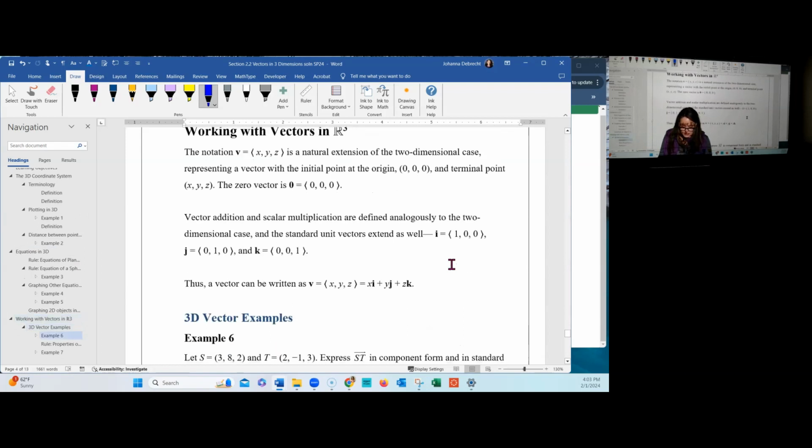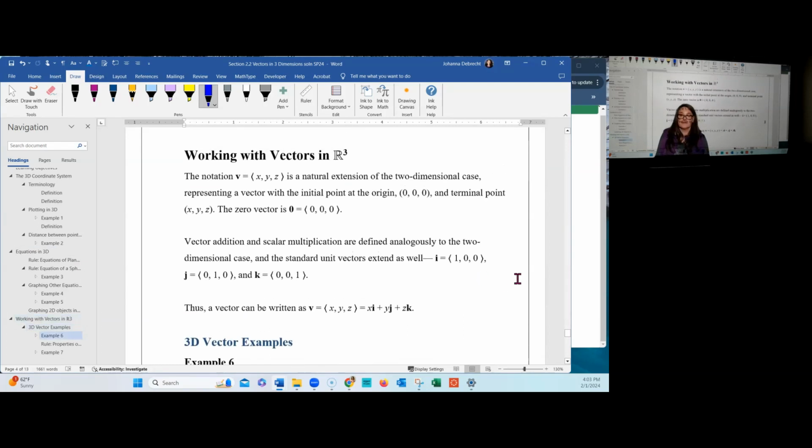Now let's go ahead and work with our vectors here in R3. We're going to use the same notation that we did for R2 when we did the 2-dimensional case. We're going to use angle brackets to represent a vector, all right? And remember that if it's typed and it's boldface, it's a vector, not a scalar. So this is vector v, which is <x, y, z>.